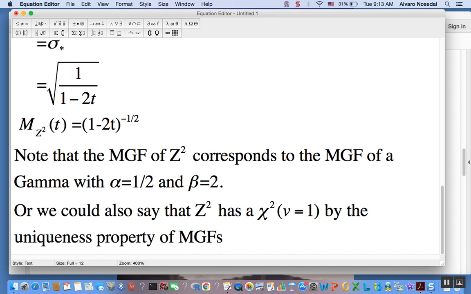Make sense? So both answers would be acceptable. That Z squared has a gamma distribution with parameters alpha equals 1/2 and beta equals 2, or that by the uniqueness property of the MGFs, we could also say that Z squared has a chi-square distribution with 1 degree of freedom. Okay?